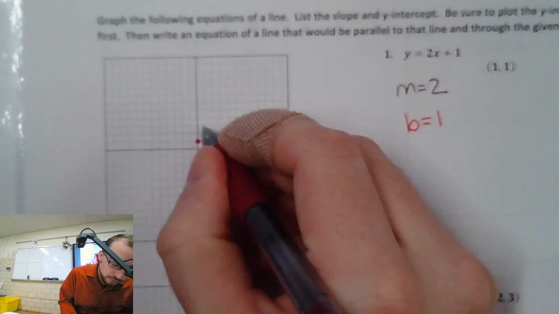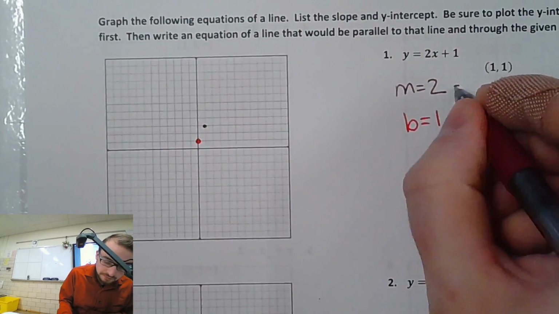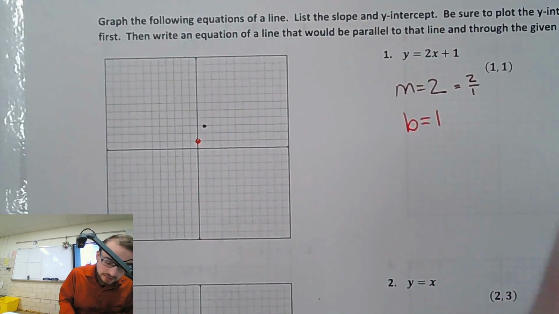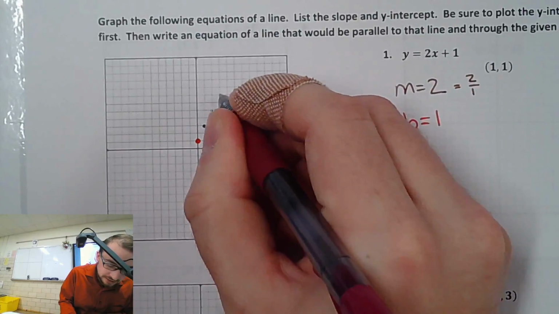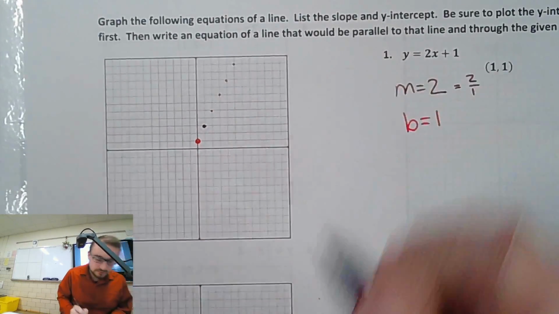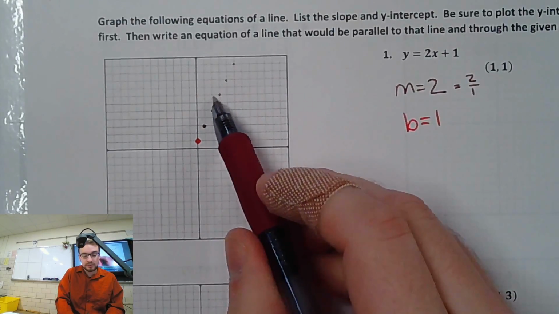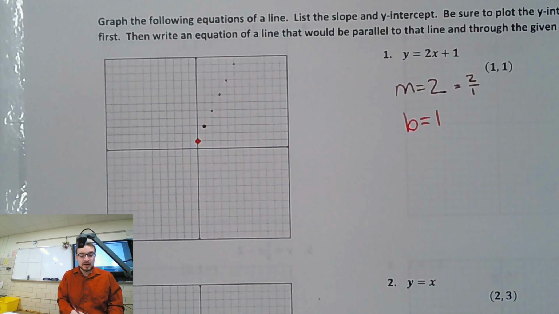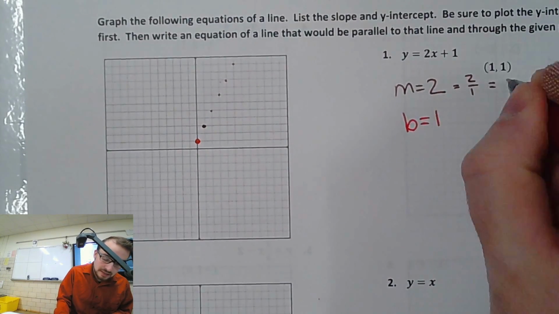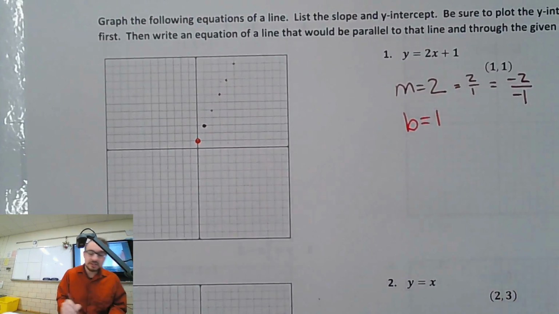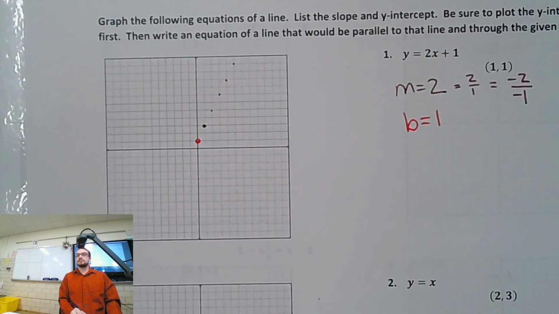So I go up 2 over 1, which is our slope here, right? Then I can find as many points on the line as I want. I can just keep doing that, right? Again, if I could start from any point and go up 2 over 1, I should find another point on our line. I can also do the reverse of this. Negative 2 divided by negative 1 is the same thing as 2 divided by 1, right?